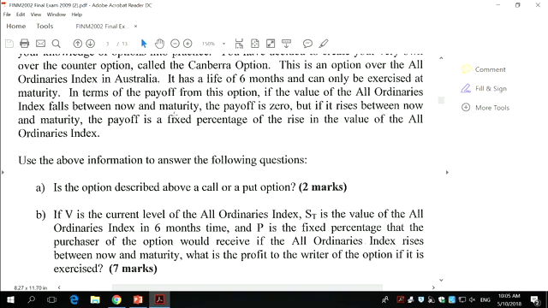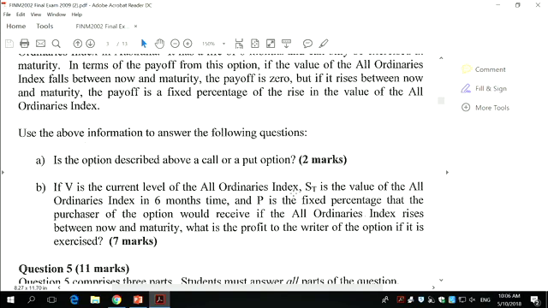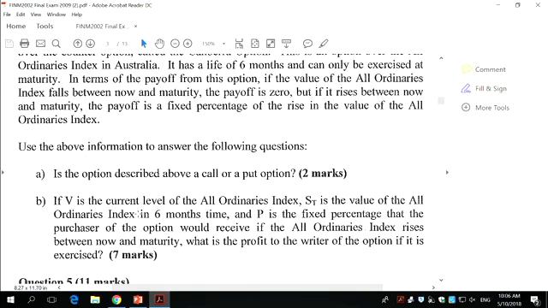ST minus V. So ST minus V is going to be the rise in the index. Everyone happy with that? ST is the final price, V is the beginning price, the current level of the Ordinaries Index. And we're told in the question that it has risen between now and maturity. So ST minus V is the amount that it's risen.